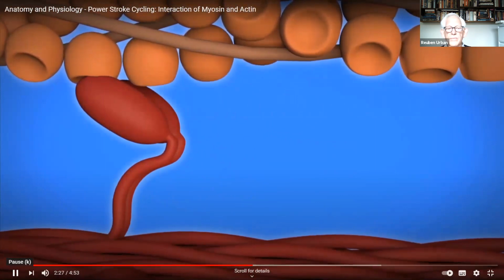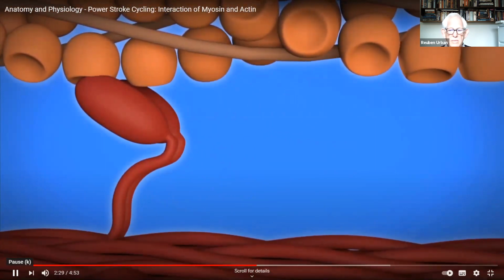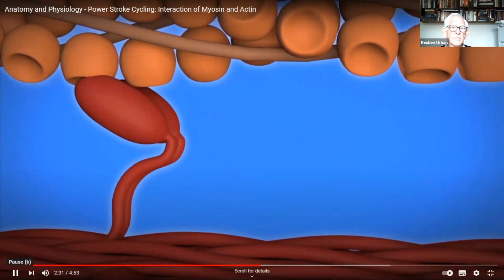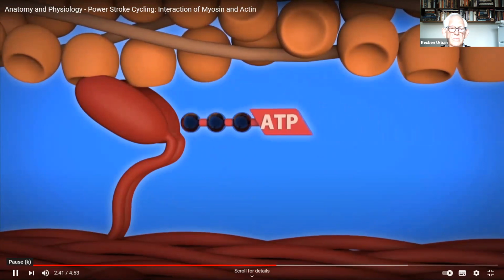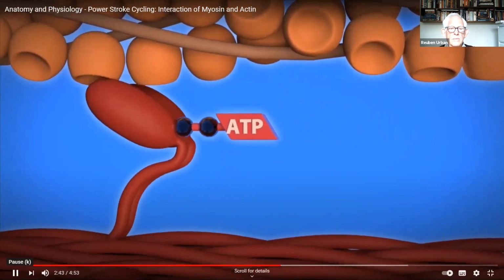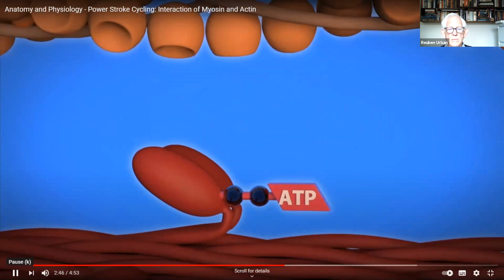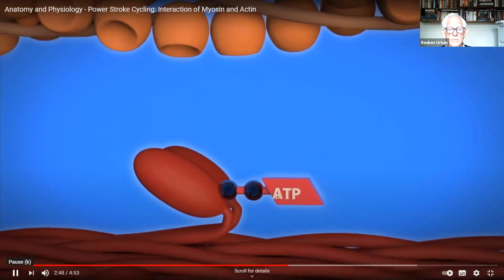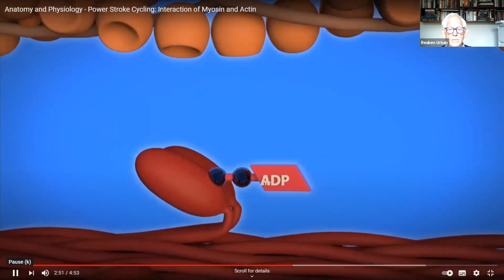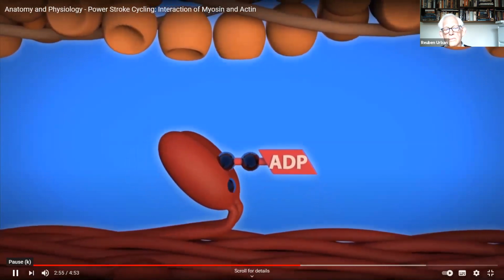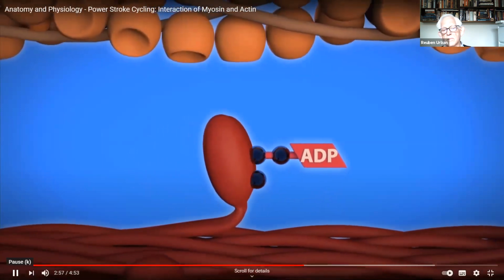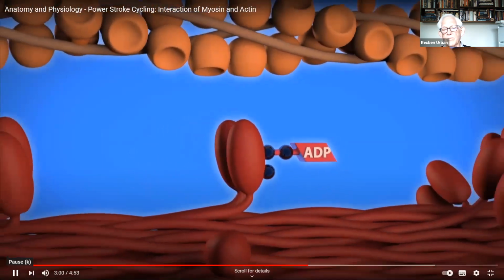This conformational shift results in a power stroke as the tightly bound myosin pulls on the actin filament. In this low-energy conformation, myosin has a high affinity for ATP. As ATP is bound to the myosin head, actin is released, thus breaking the cross bridge. The ATPase activity of myosin triggers ATP hydrolysis, and the myosin head is recocked to the high-energy conformation, thus bringing the cycle back to the beginning.